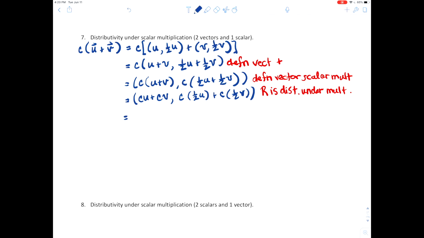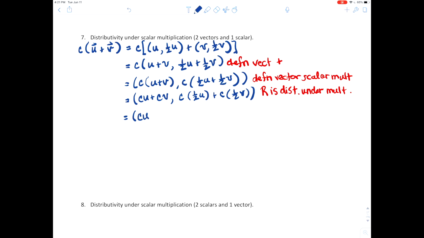Okay, so now, where did we need to go with this? Remember, we needed to go to this being equal to C times the vector U plus C times the vector V. So I'm going to break up the sum. I'm going to go from 1 vector to 2 vectors first by using the definition of vector addition.